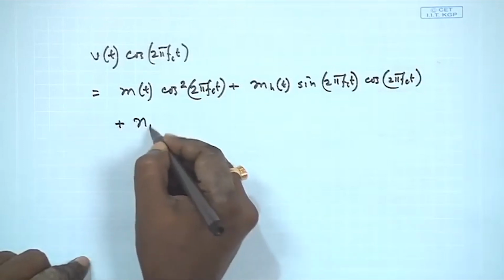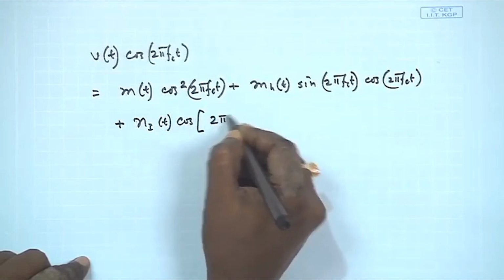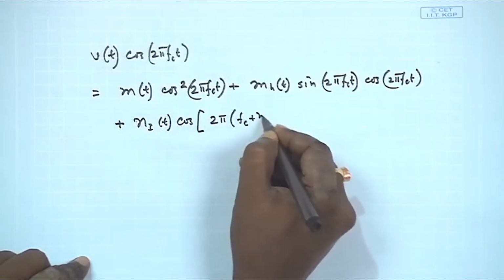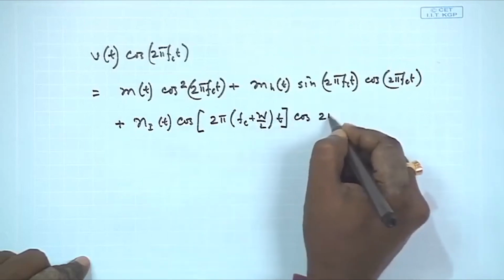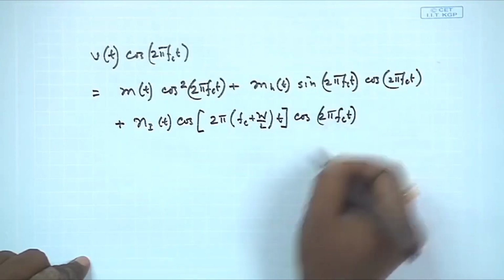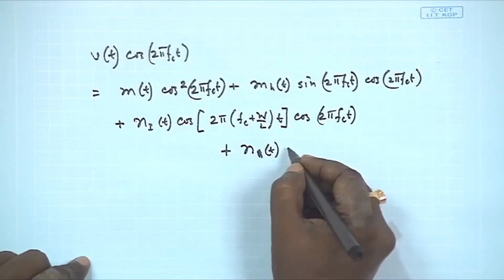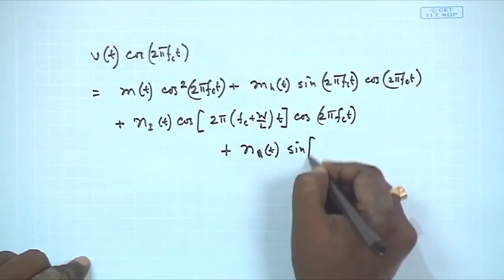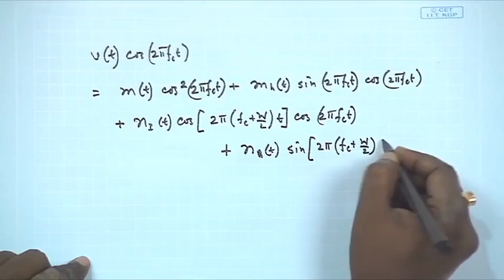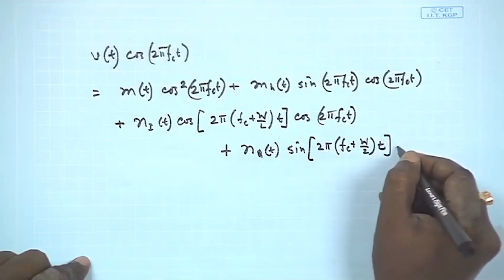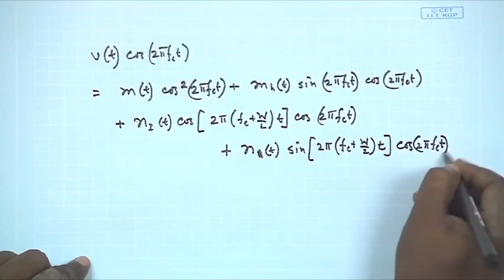plus Nit cos 2 pi Fc plus W by 2 into T into cos 2 pi Fct, plus Nqt, that is sin 2 pi Fc plus W by 2 T into cos 2 pi Fct, right.